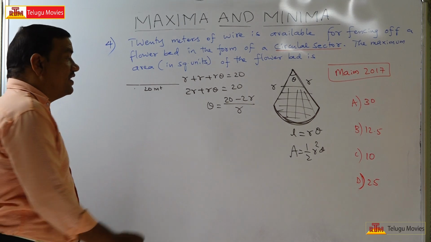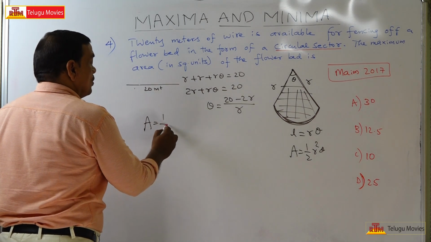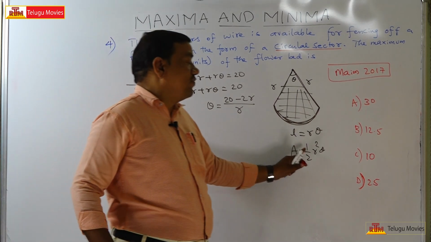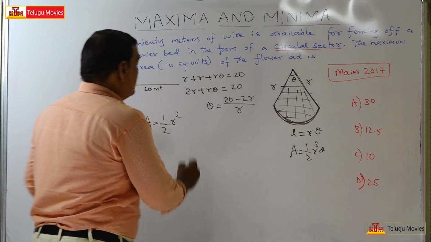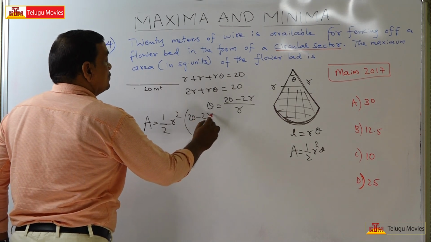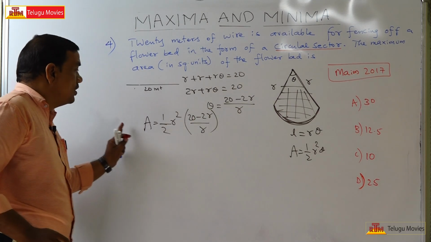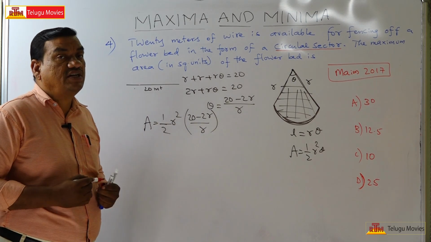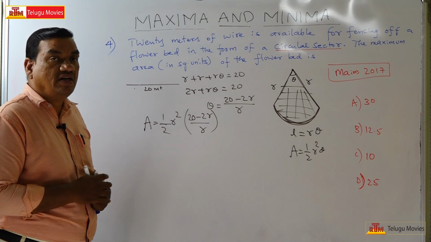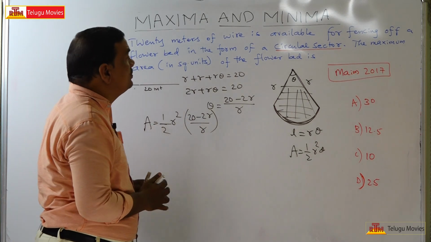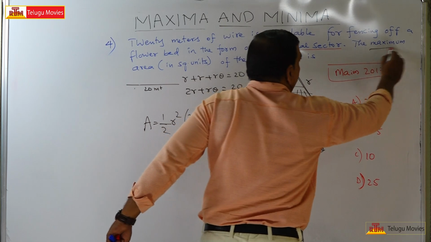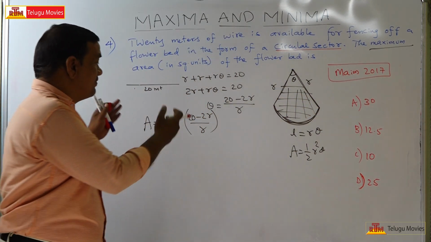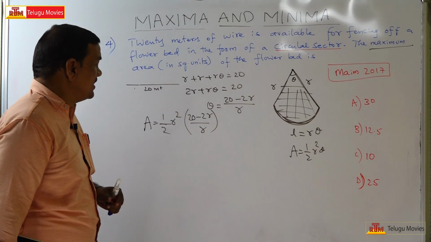Now, what is your area? Area is equal to half r square theta, and theta is (20 minus 2r) by r. See here, now the whole function is converted into the single variable r. That is our main motto. This is the function which we have to maximize. Understand this? First let us simplify.